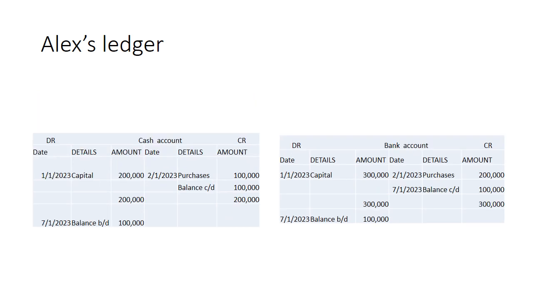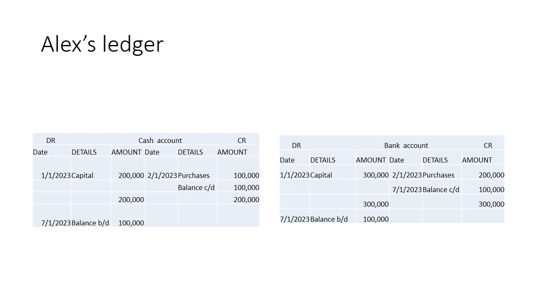Also, in other accounts involved for the week, in the cash account, capital introduced was 200,000, but on the 2nd January we made a purchase of 100,000, so this left us with a balance of 100,000. Then in the bank account, the owner introduced cash as capital of 300,000.